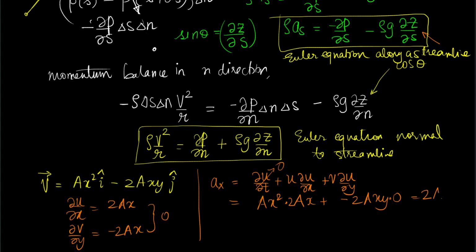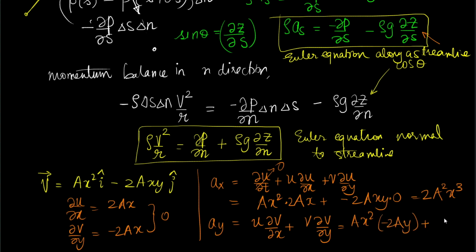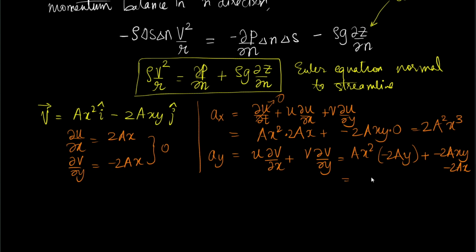So this becomes 2a square x cube. a_y becomes del v del t plus u del v del x plus v del v del y. So this becomes ax square times del v del x, which is minus 2ay, plus v, which is minus 2axy, times del v del y, which is minus 2ax. So this comes out to be minus 2a square x square y plus 4a square x square y.